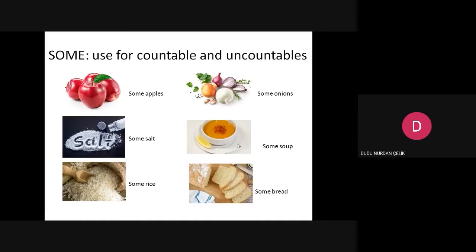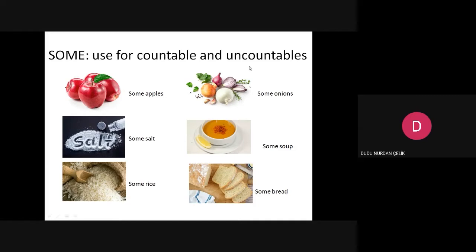Now let's talk about some. I'm sure you know the meaning of some, but let's learn it in detail now. Some is another quantifier. We can use some for both countable and uncountable nouns. What does this mean? Countable means you can count 1 through 3.